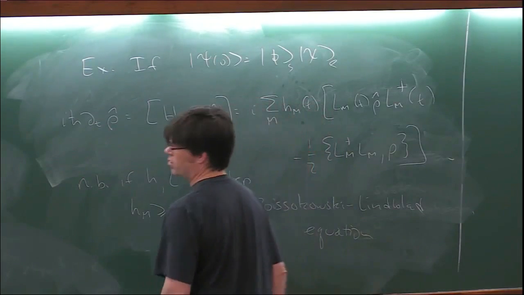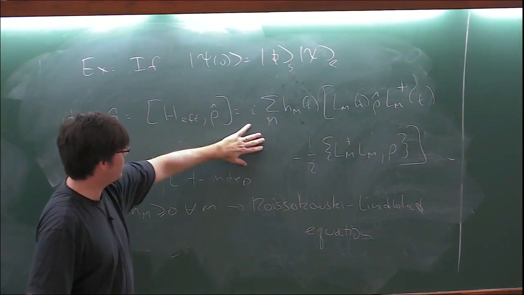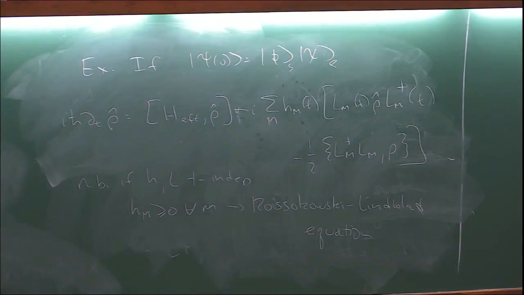What Kossakowski and Lindblad showed is that if you adopt a certain abstract definition of a quantum Markov process, the evolution equation of the density matrix is of this form. In general, these evolution equations are called master equations. This plus sign is a particular kind of master equation known as the time local master equation, and then the Lindblad equation corresponds to this case. And that, again, is a whole other subject.